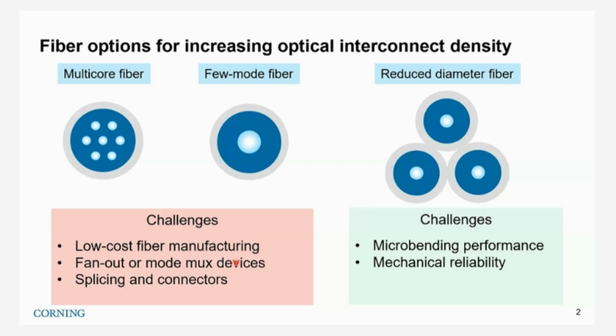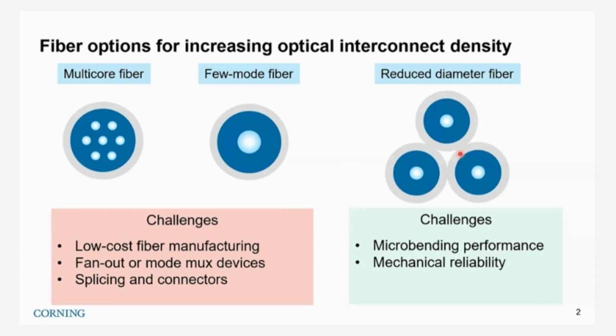Also, the fan-in, fan-out or mode MUX/DEMUX devices are very important. We need to have reliable, low-cost devices to be used with these fibers, and also for installation, splicing and connectorization are also very important issues.